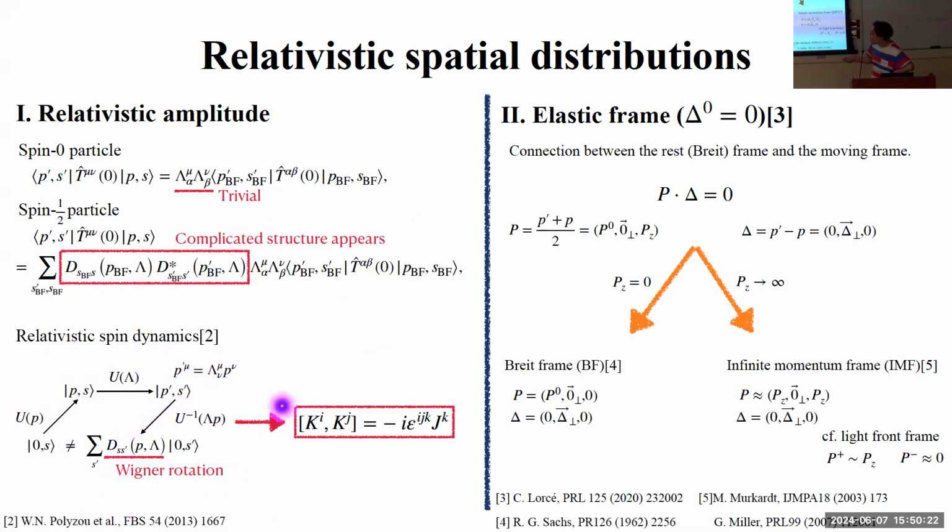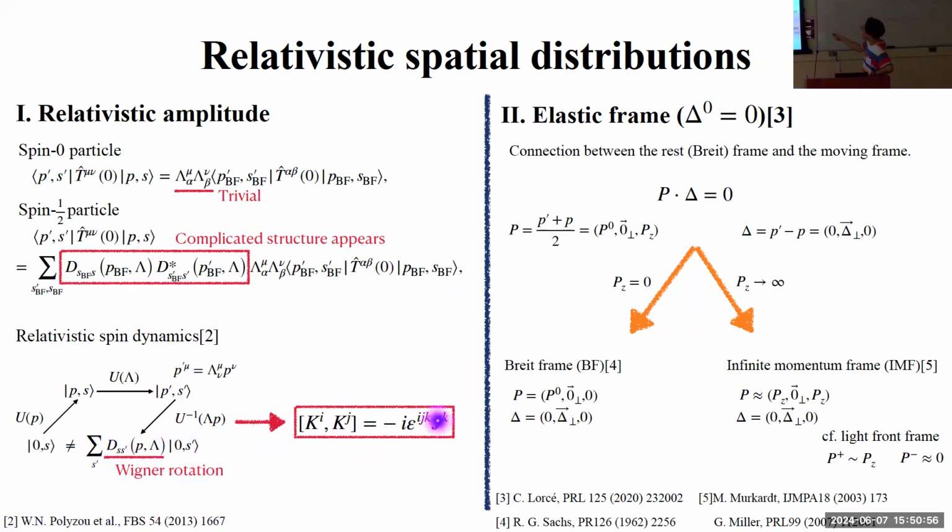Then we can act with the inverse transformation. However, we couldn't come back to the initial state. This comes from the non-commutation relation between two different generators of Lorentz boost. So on the right-hand side, the total angular momentum leads to Wigner rotation in the final state.